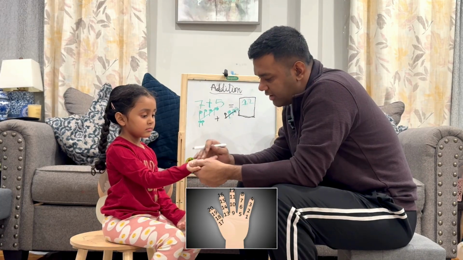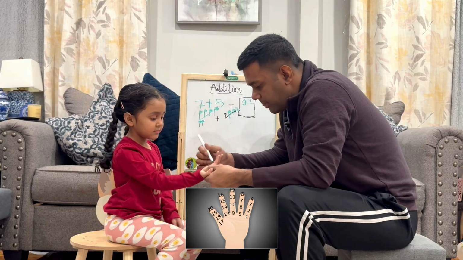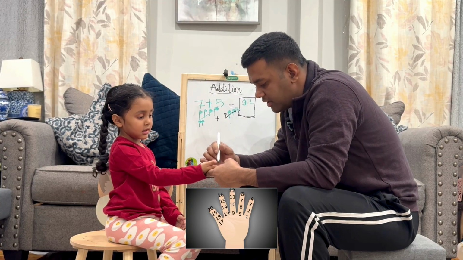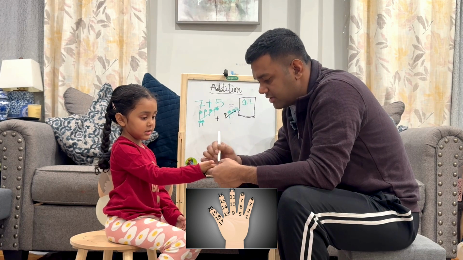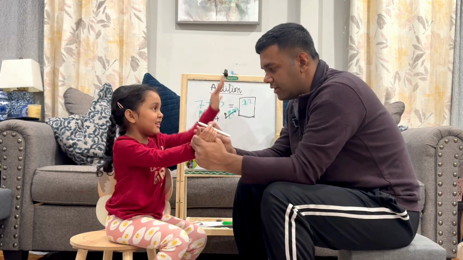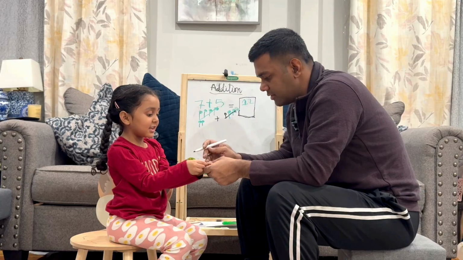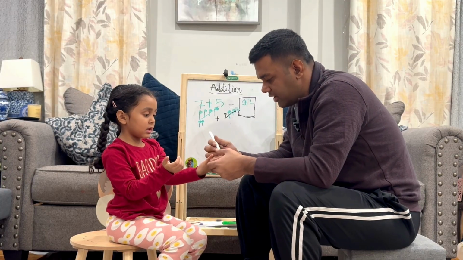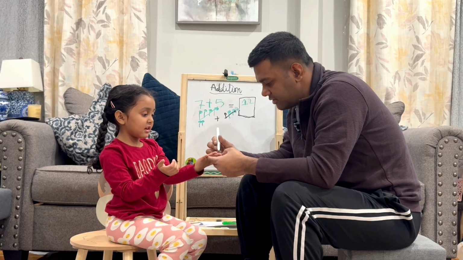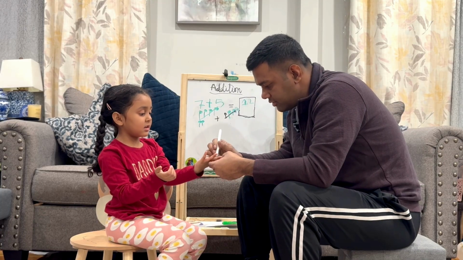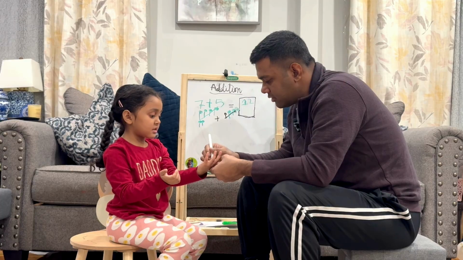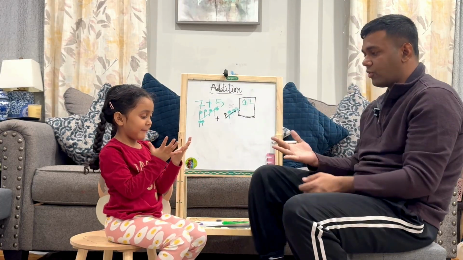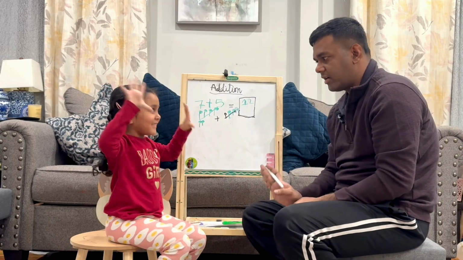You can count 20 on your fingers. 1, 2, 3, 4, 5, up to 20. 20 here as well, so 21, 22, and so on up to 40. So we have 40 marks in our fingers.